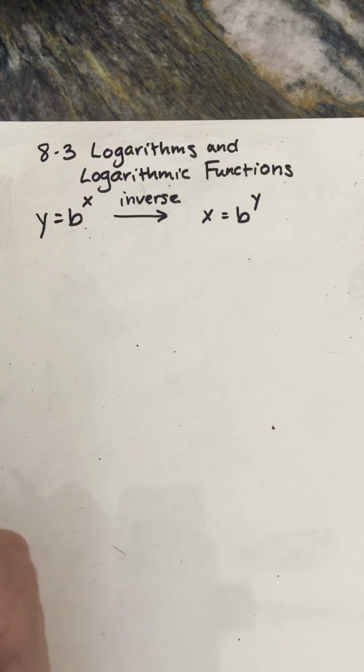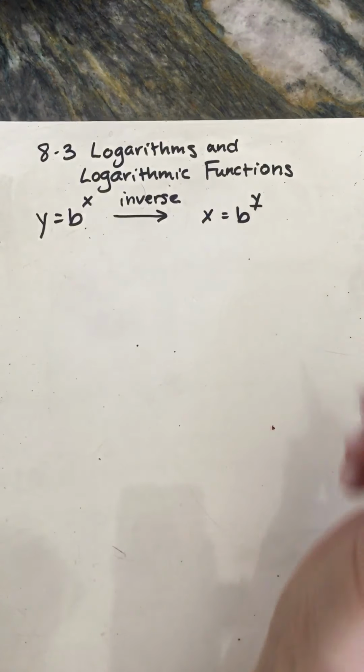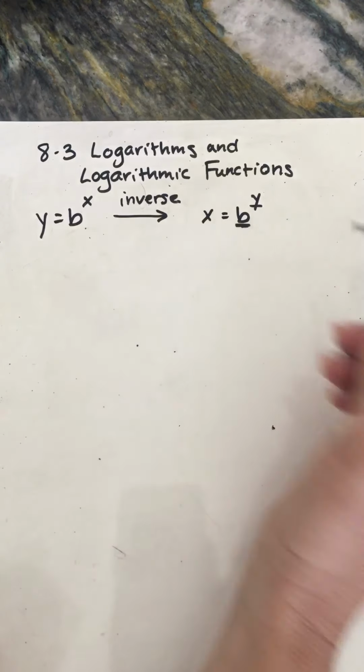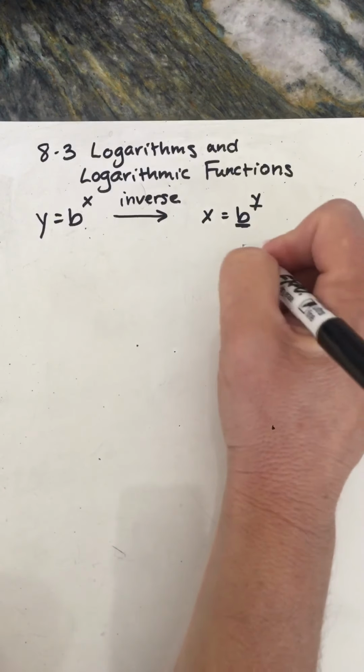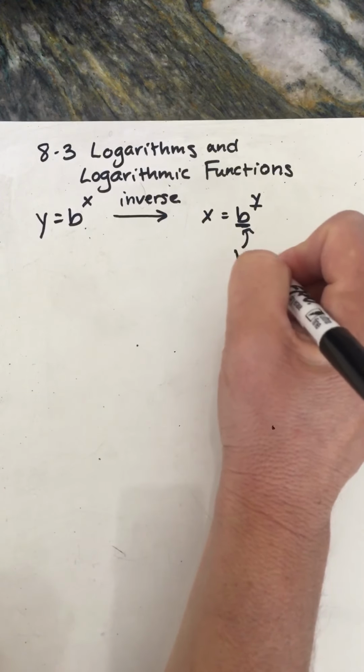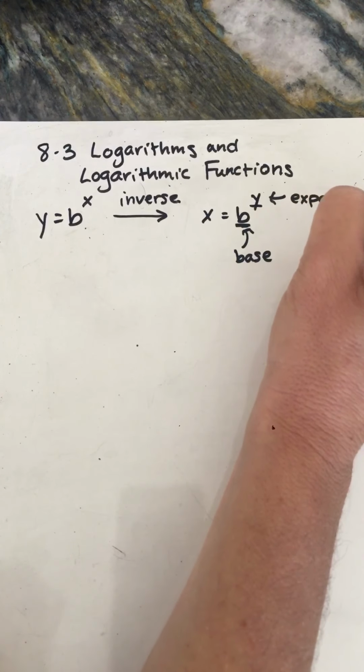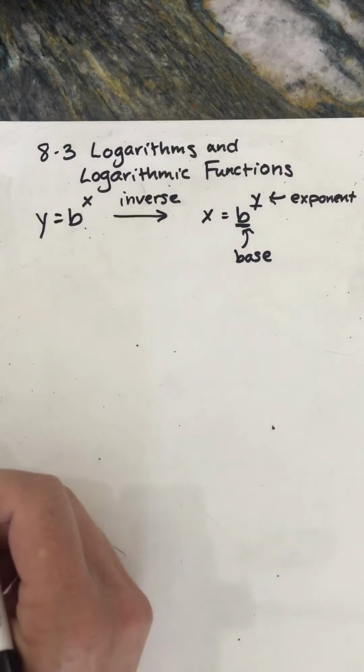So, since we need to solve for the y, we're going to rewrite this in logarithmic form. B is called the base, y is your exponent, so that's your base, and this is your exponent. You can call this your power. X is your power if you like.